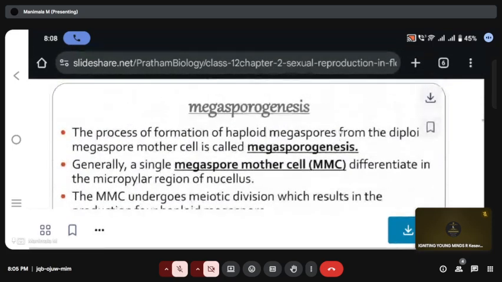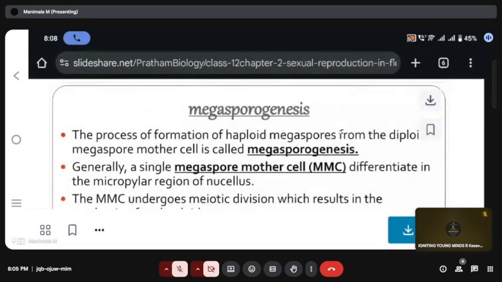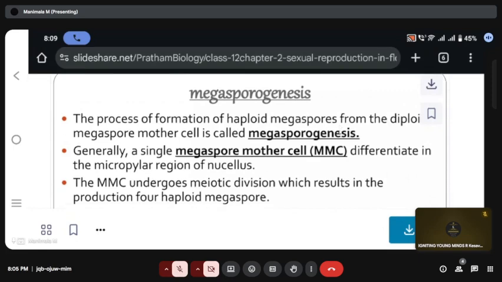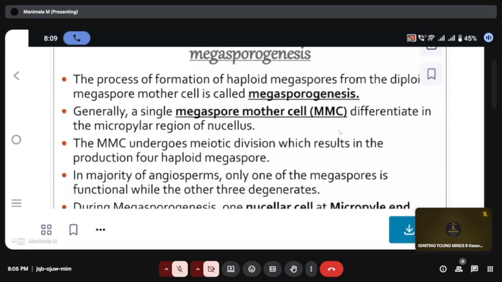So first, what is megasporogenesis? From the ovule, the megaspore mother cells are formed. The megaspore mother cell differentiates in the micropylar region of the nucellus and undergoes meiotic division.